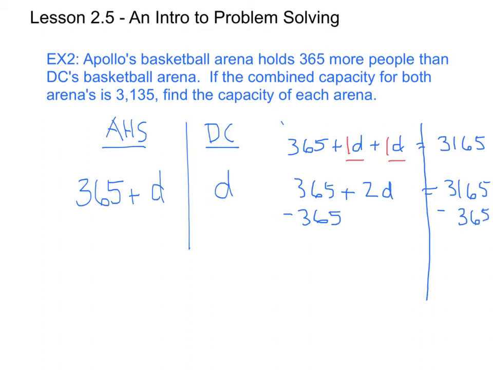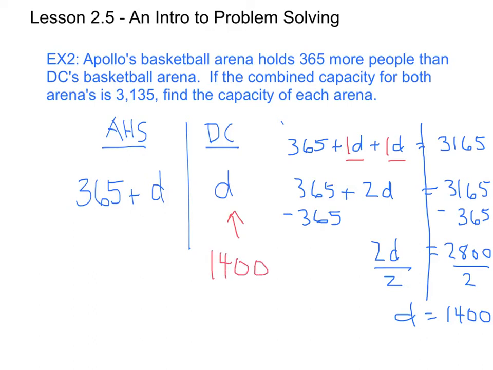And we are left with 2,800. We'll drop down our 2D. This is a multiplication problem, so we'll divide by 2. We've got D equals 1,400.